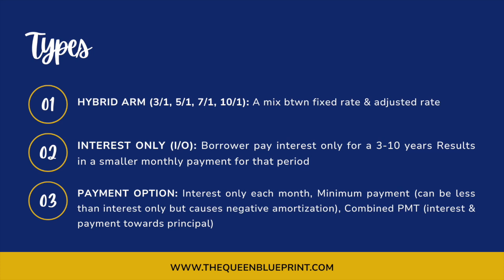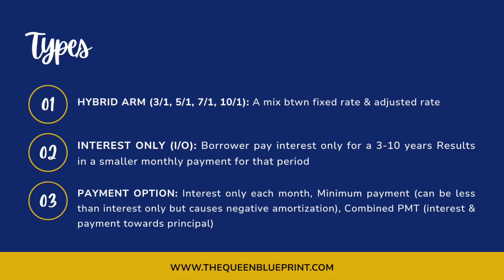Okay, so this means that it is interest only. So the borrower pays interest only for a 3 to 10 year term, which results in a smaller monthly payment for that period, right? So for that 3 to 10 year term, it's a very low monthly payment.